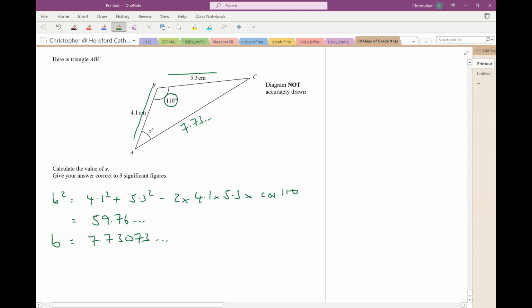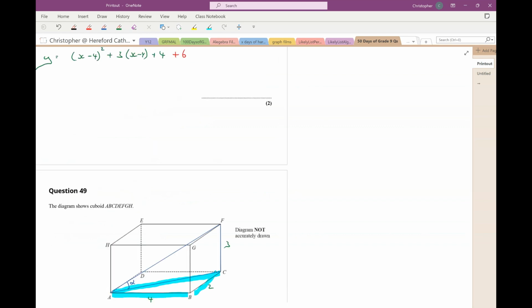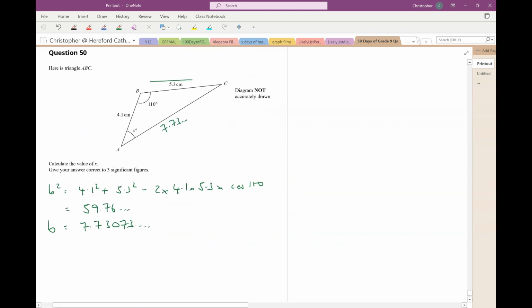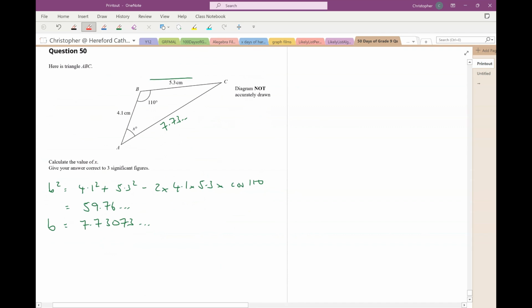Right, now I know that that length is 7.73 and so on. So now can I just use the sine rule? I don't see why I shouldn't, because I can simply say sine of x over 5.3 equals the sine of 110 over 7.73 and so on.